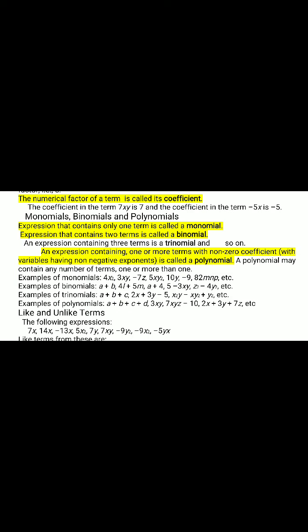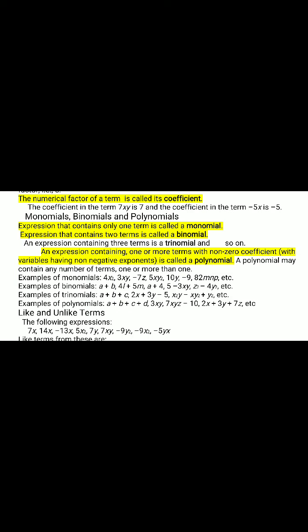Trinomials are expressions that contain three terms: a plus b plus c, 2x plus 3y minus 5, x square y minus x y square plus y square.